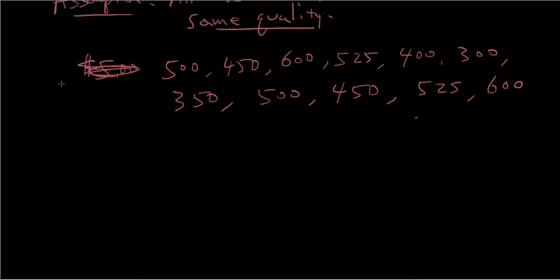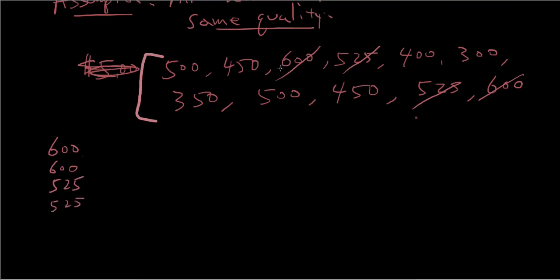Okay, so what I can do is rewrite this in descending order, the biggest one first. The largest one is $600, and there's another one, 600. The next highest willingness to pay is 525, and there are two of them, so 525 and 525.